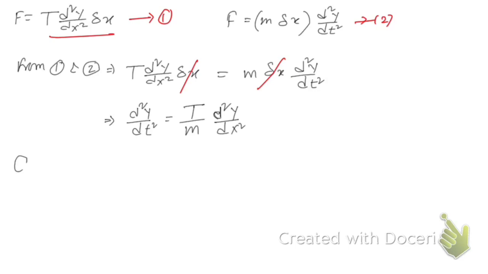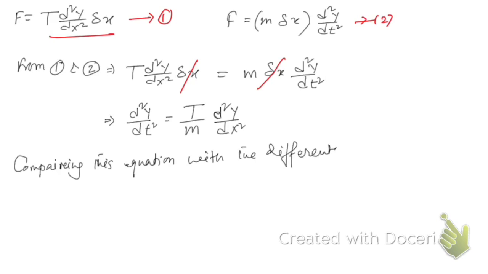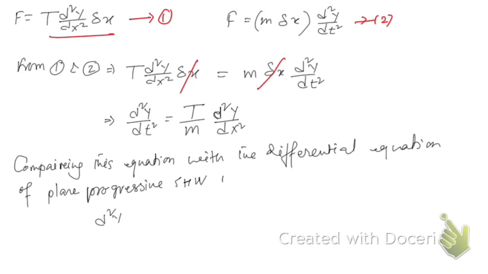comparing this equation with the differential equation of a plane progressive simple harmonic wave, that is, the second order derivative of y with respect to time t is equal to v squared, where v is the velocity of the wave, times the second order derivative of y with respect to x.